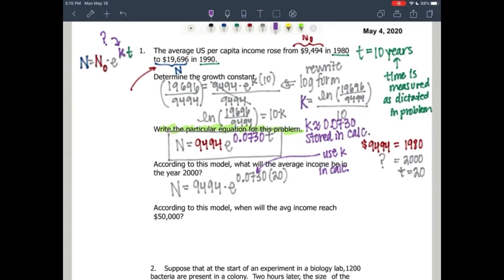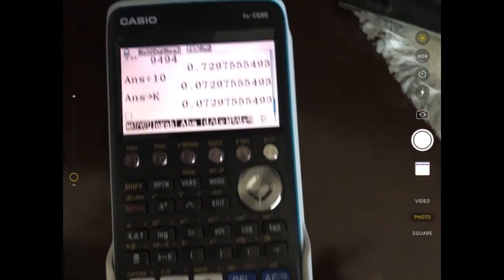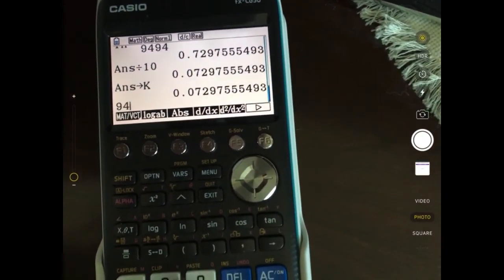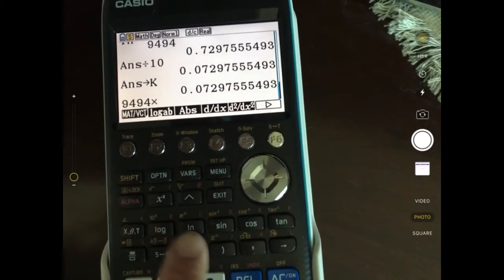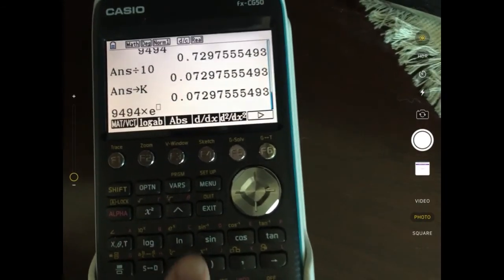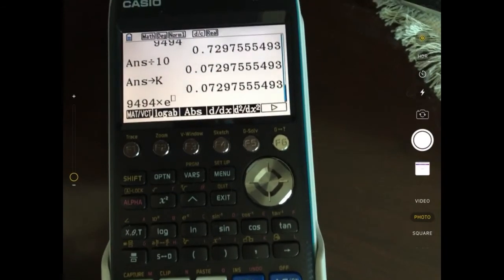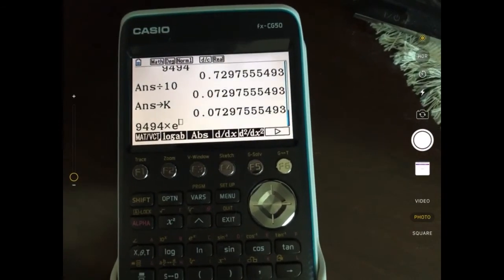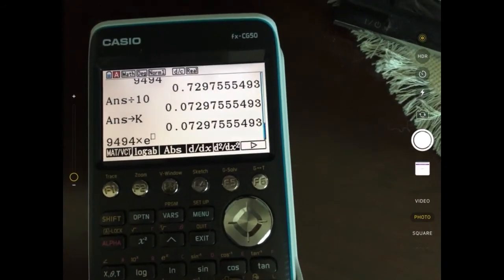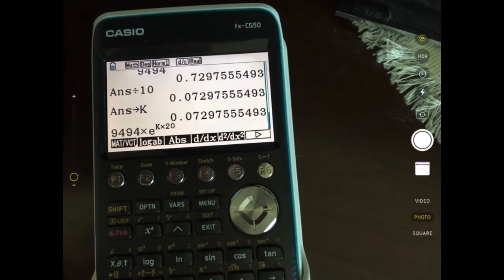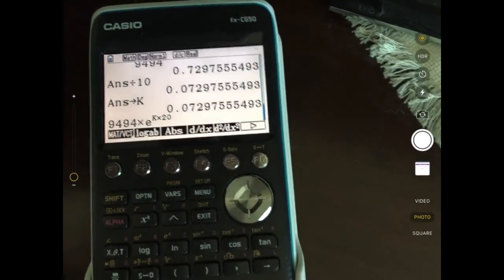So here we go. Let's try this. We're going to have the initial amount times shift natural log, that's E raised to the K20 power. So we're going to have alpha K times 20, all in the exponent.